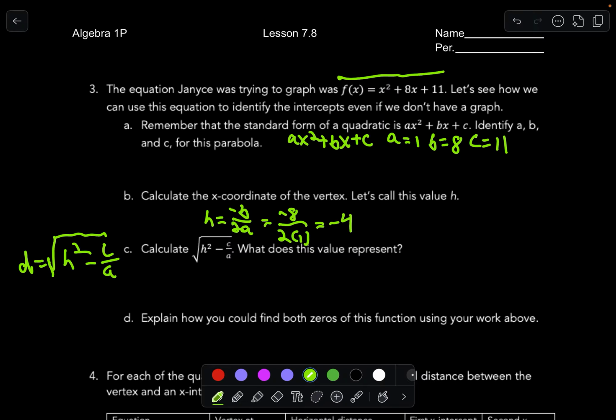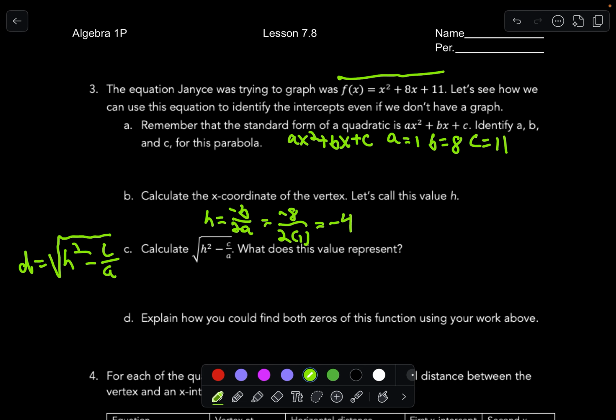But they're telling you that that is the horizontal distance from the axis of symmetry to a zero.